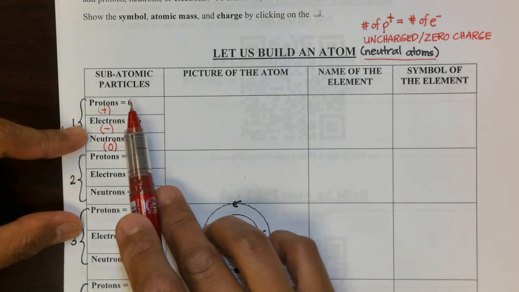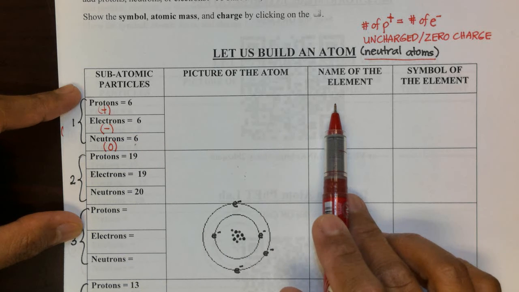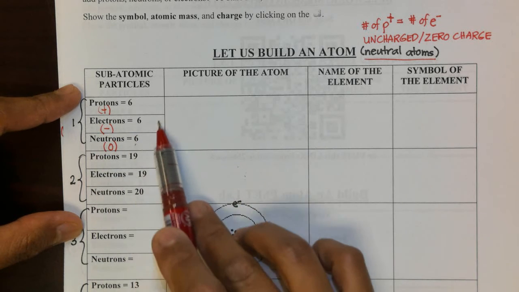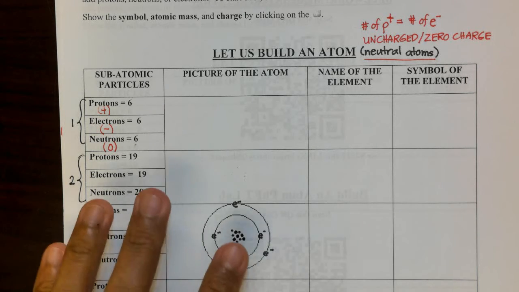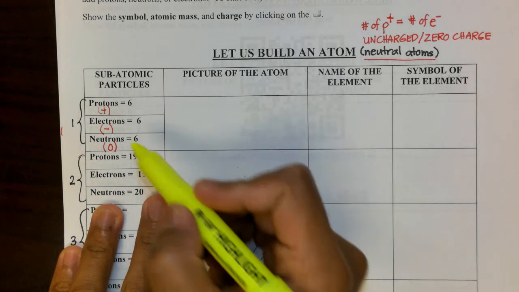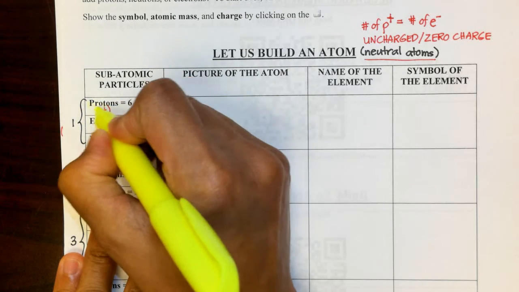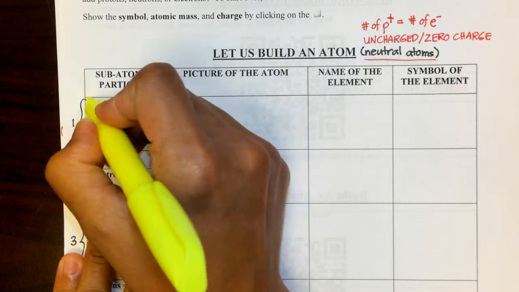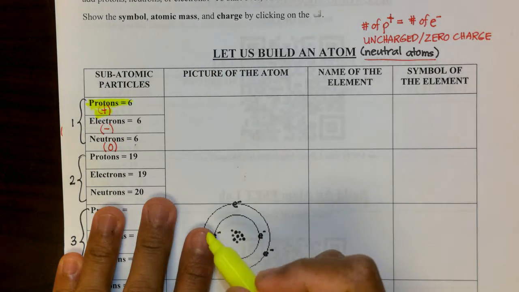Okay, so going back, how do I know what's my element for this particular atom? The strategy we're going to use is we look at the positive first. Again, let's look at the positive protons first. Let's relate it to life.